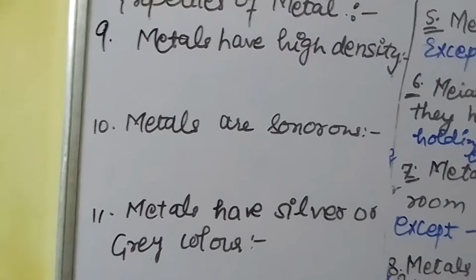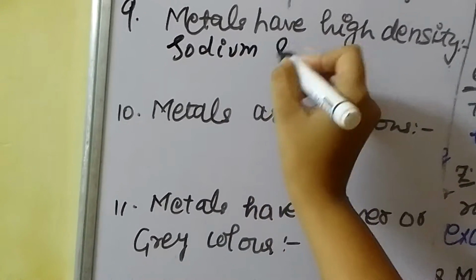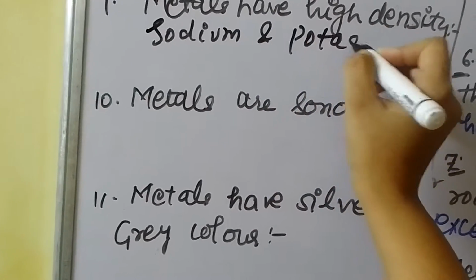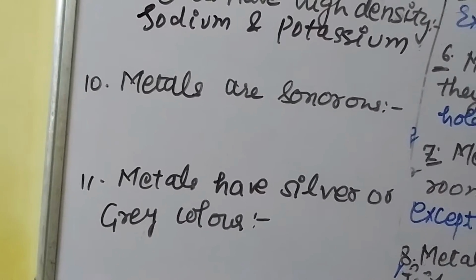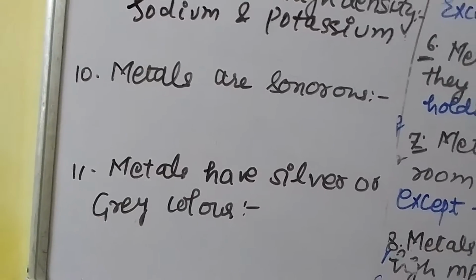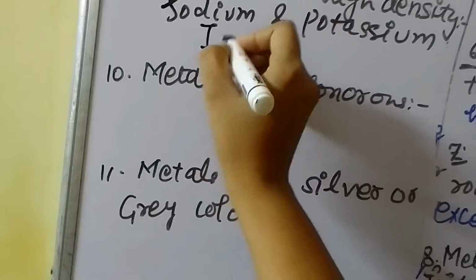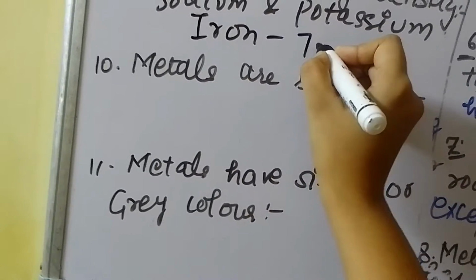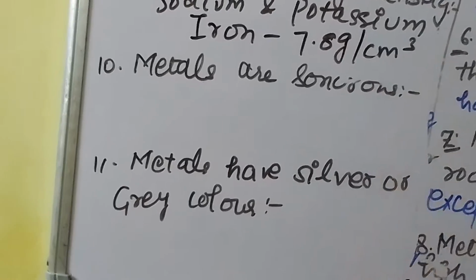But if we talk about sodium and potassium, their density is very low because they are very soft. That's why their density is low.